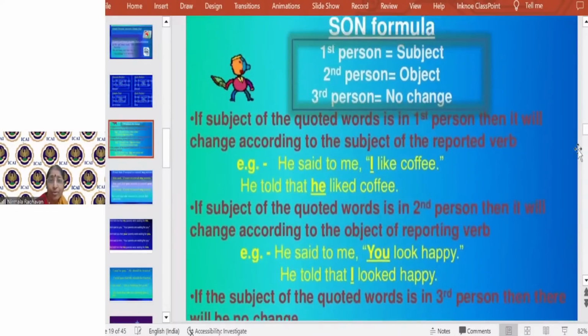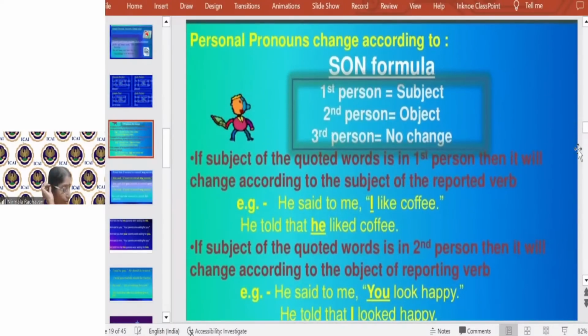Yes. Now you see, we call this the sun formula. First, I'm going to repeat this because you need to remember how many things you need to change. First, we removed the inverted commas and we saw the usage of "that" too. Now we saw the modals, the simple present changing to simple past, and the present perfect and the past perfect that we saw.